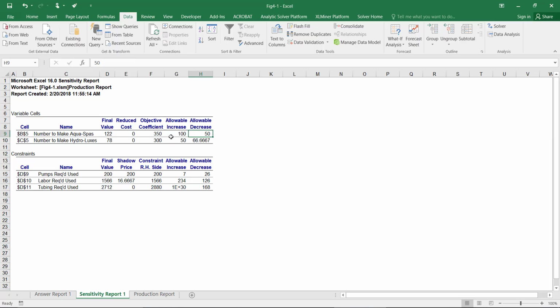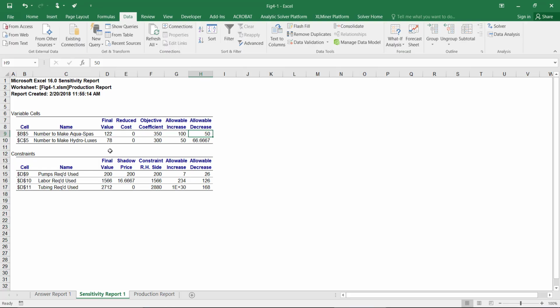So this is the range in which the values we got for the decision variables are going to stay constant. In the second one, we see the constraints, and we have three constraints for this problem.